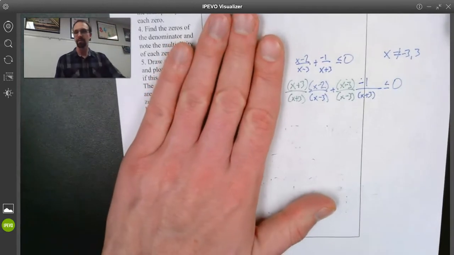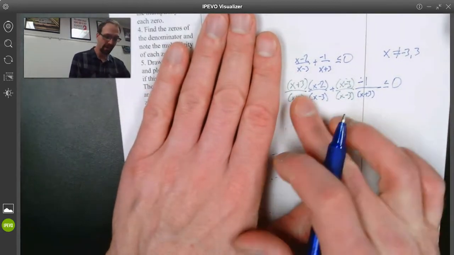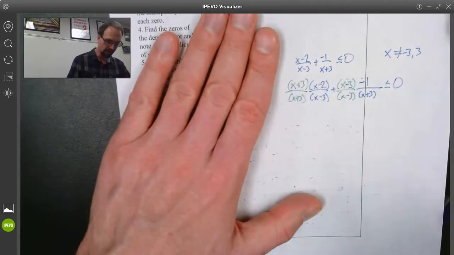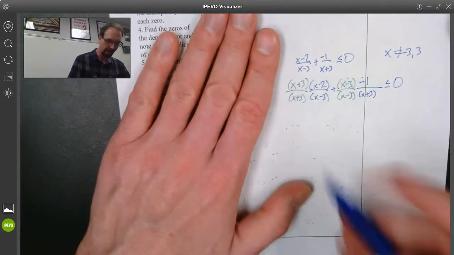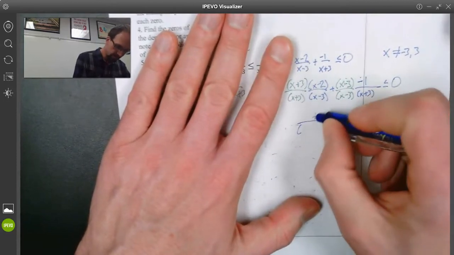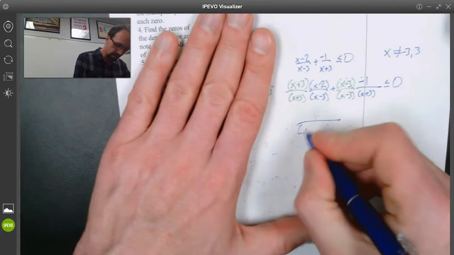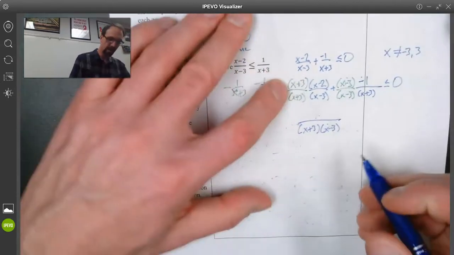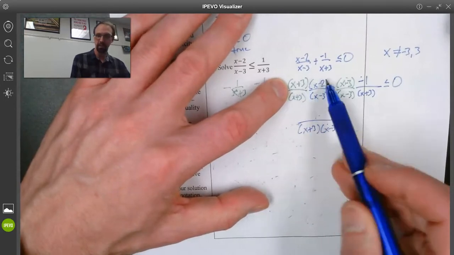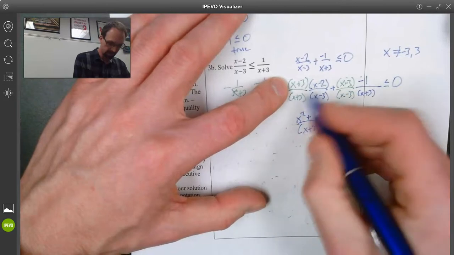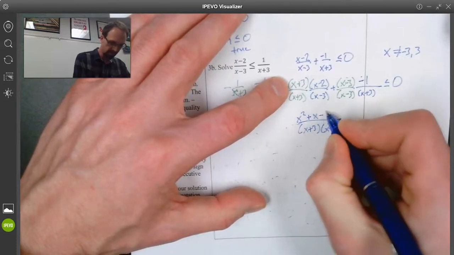Okay, so now I can combine my numerators because I have the same denominators. I'm just going to leave the denominator the same, x plus 3 and x minus 3. Now for my numerators, if I multiply these out, I'm going to have x squared plus 3x minus 2x is plus x, minus 6.